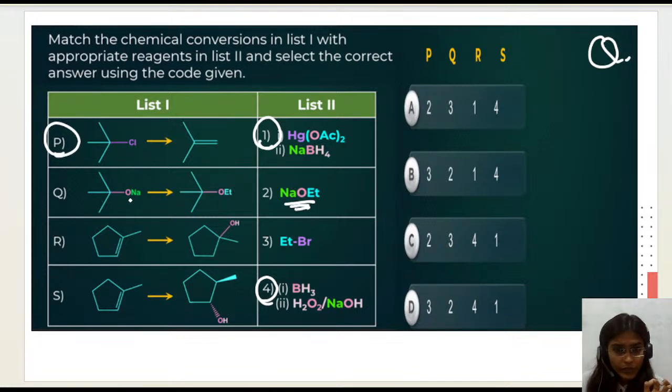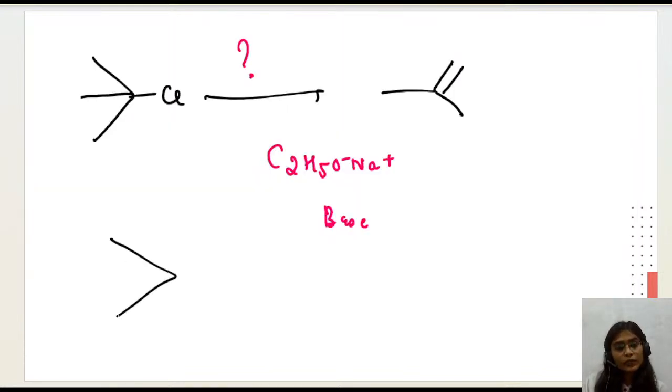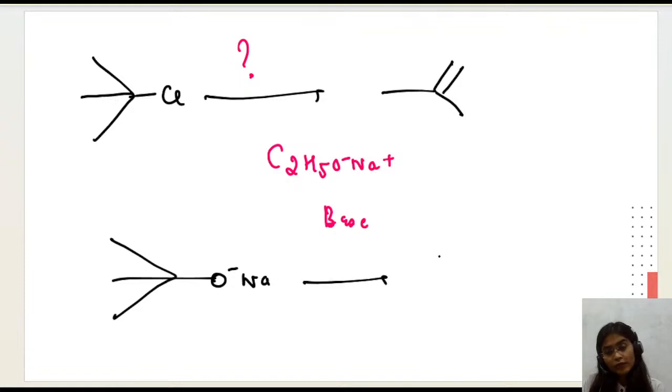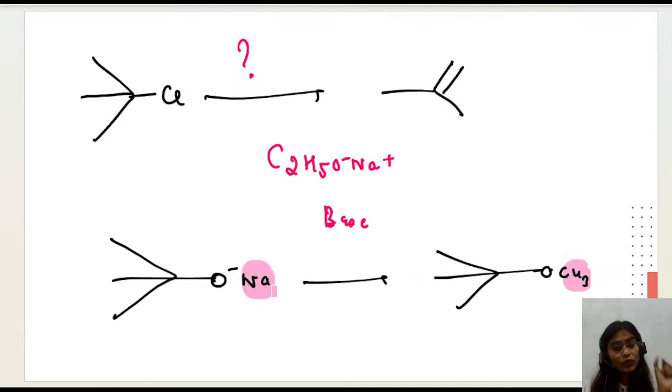Let me explain this Q part as well. In this case, this is already ONa, and from this we are getting OCH3. Did you notice the only difference? O is already connected here.